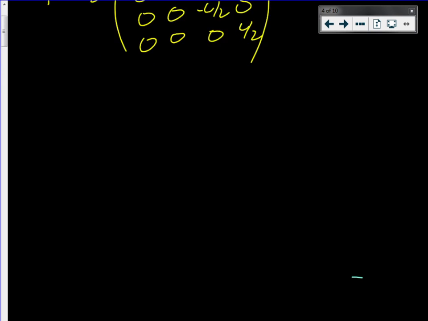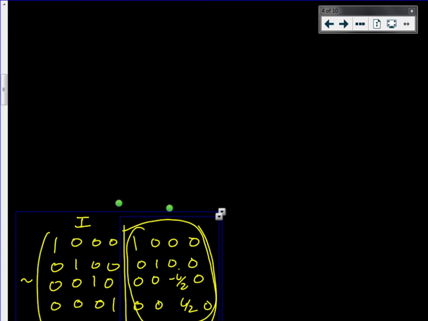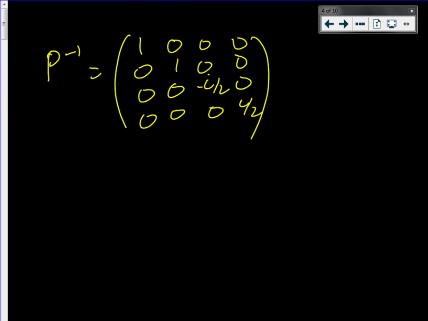Let's confirm that. Okay, I thought it was like that. We have a little typo here. This is i over 2, and that's 0. So that's P inverse. Let us go back and find P.